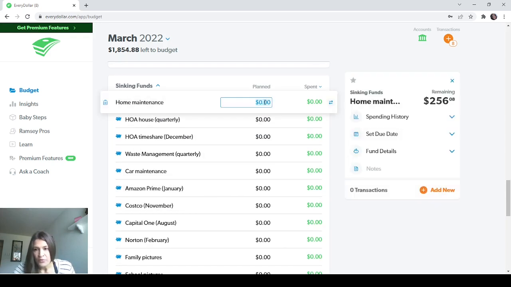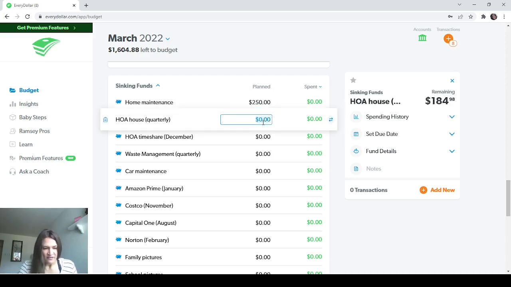I'm going to go through and add in the planned amount that we're going to be giving to each one. So home maintenance would be $250, and that should add up to $1,600. So I should see that I have $254.88 remaining. Let's see how that goes.